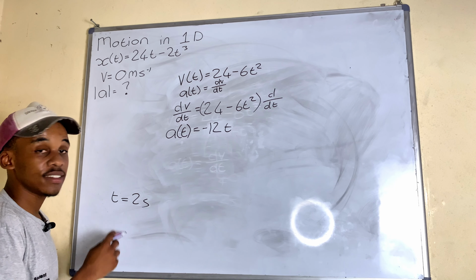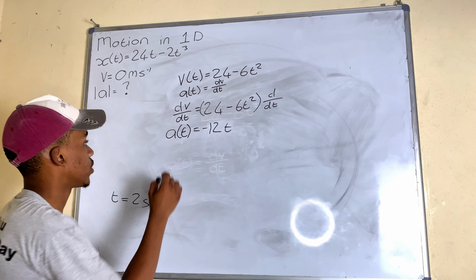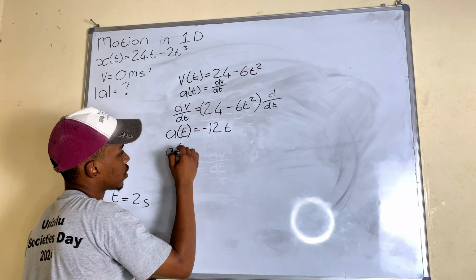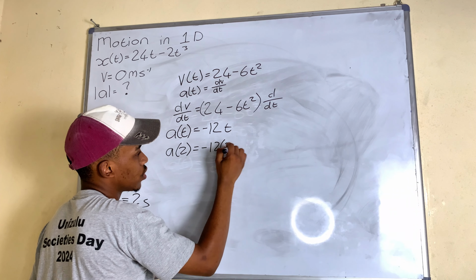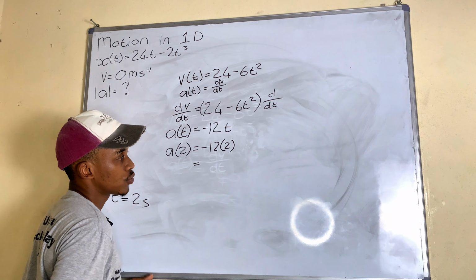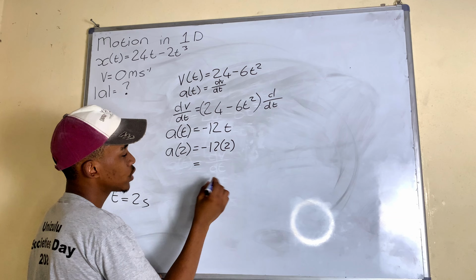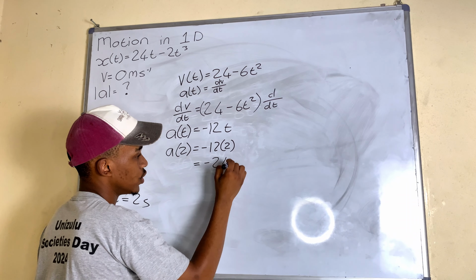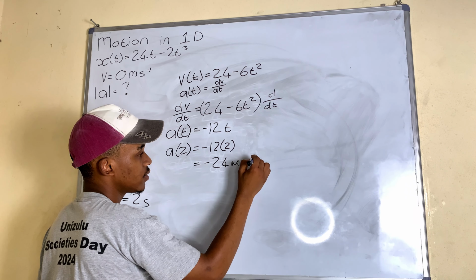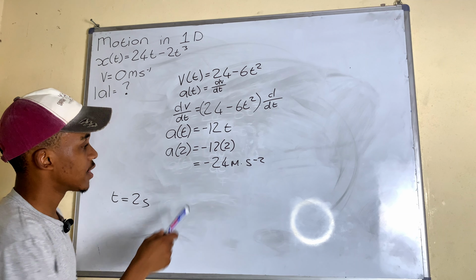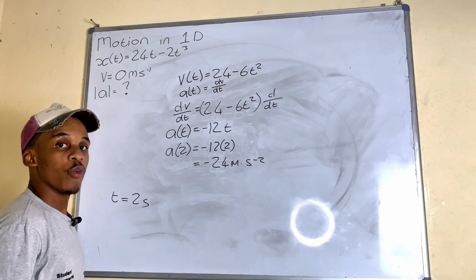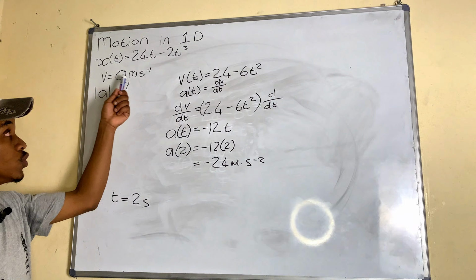Wherever I see t, I'll substitute 2. Negative 12 multiplied by 2 gives us negative 24 meters per second per second. This is our acceleration when our velocity is equal to 0.